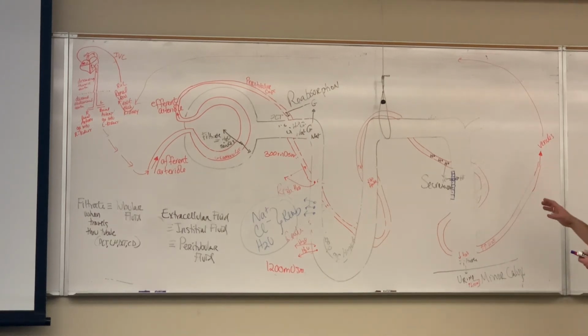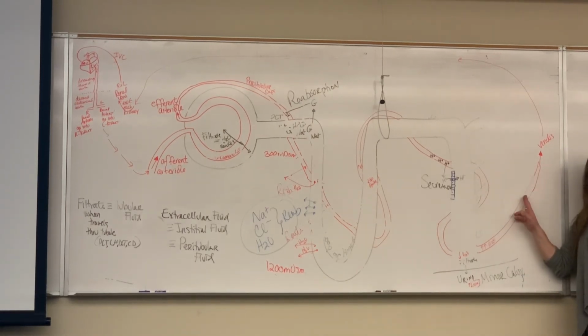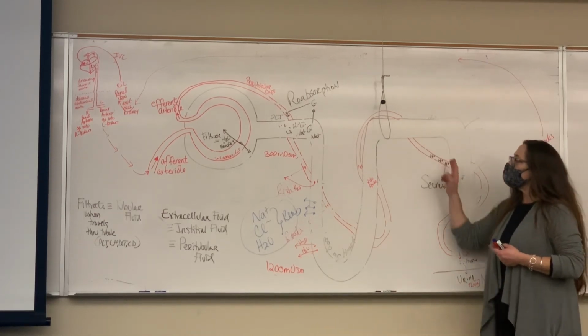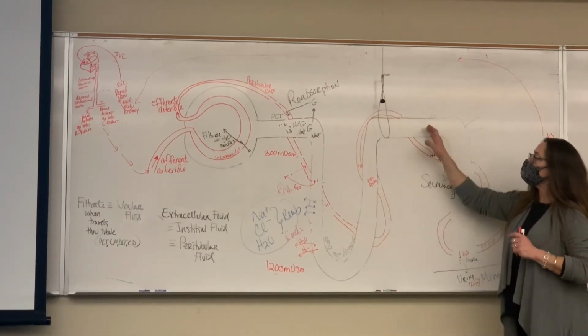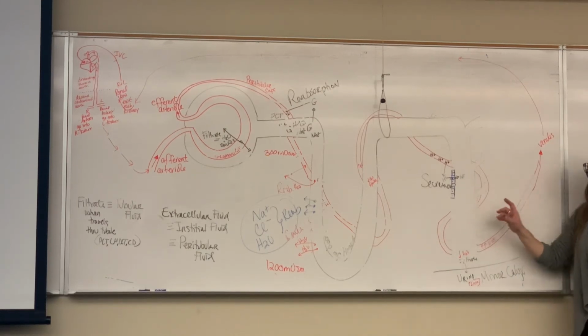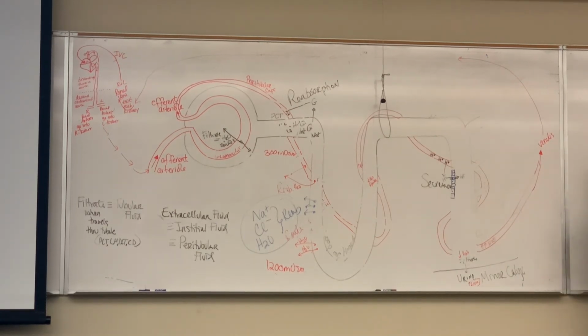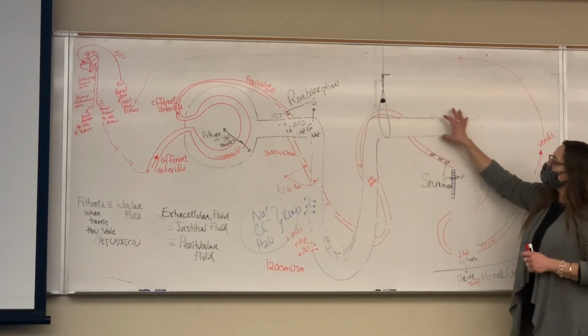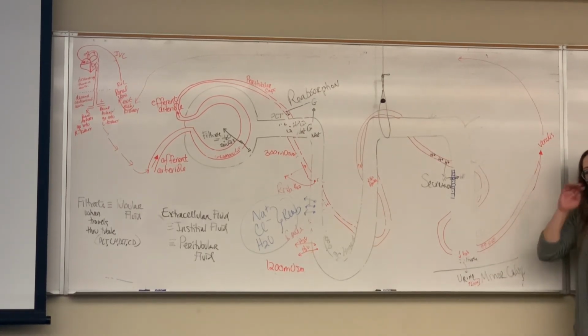So at some point, we need to see what's going on in the blood and exactly how we need to fine tune reabsorption and secretion to make sure that what's in the blood is what we need homeostatically. And that's gonna take place at the DCT and the collecting duct.